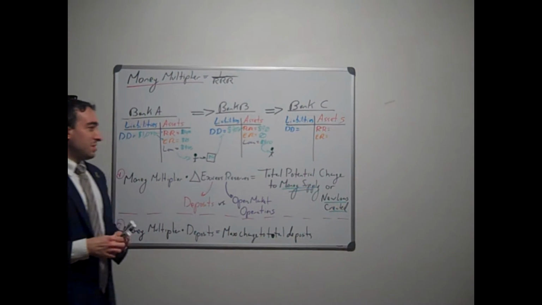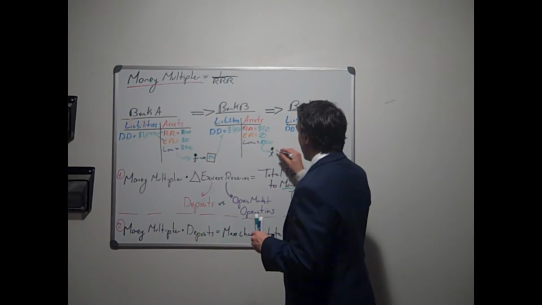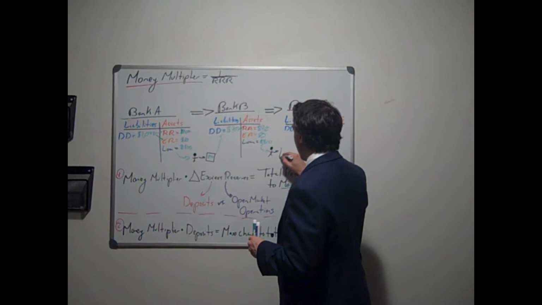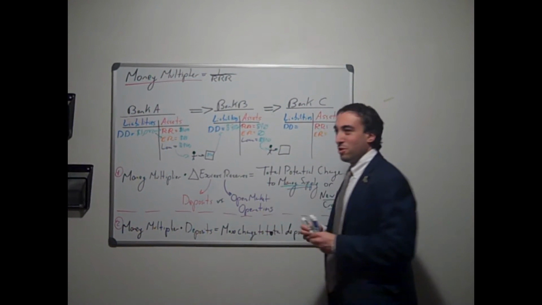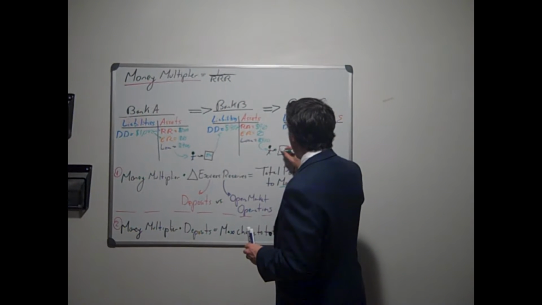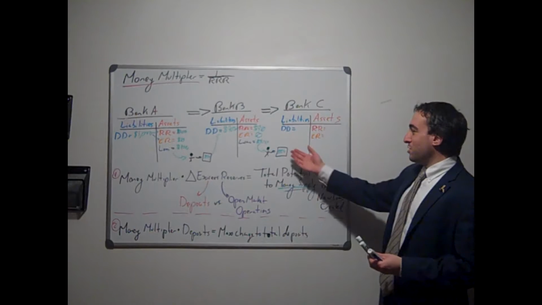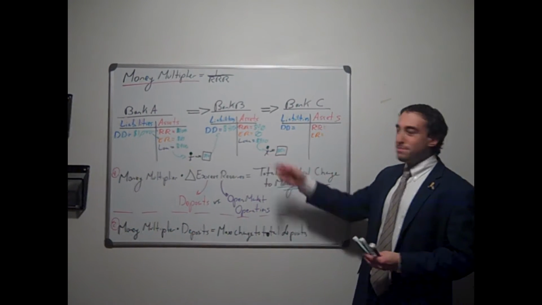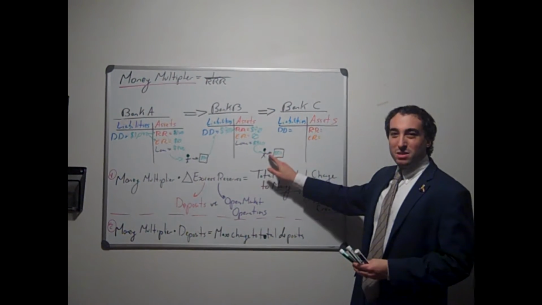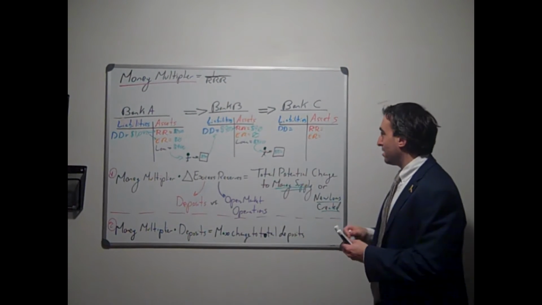That person uses the $810 towards a purchase, giving $810 to a store to buy something. Now it's this person's responsibility to pay Bank B back that loan.